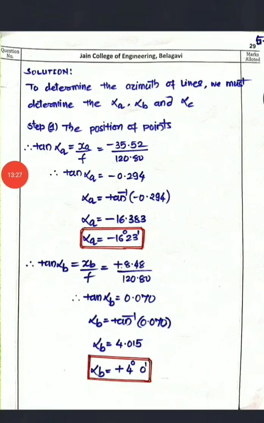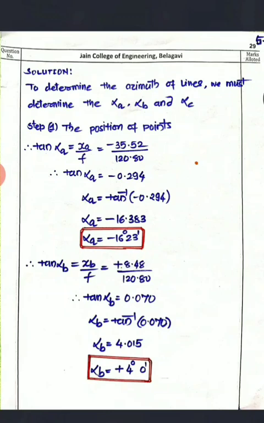To determine the azimuth of any line, you should first get the horizontal angles, alpha A, alpha B and alpha C. Once you get these, you can easily determine the camera azimuth, and by using that you can determine the azimuth of lines B and C. So first I am going to determine alpha A, alpha B, alpha C.